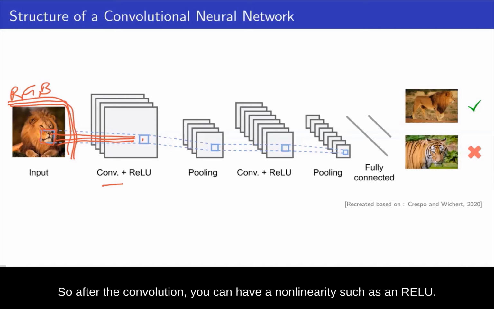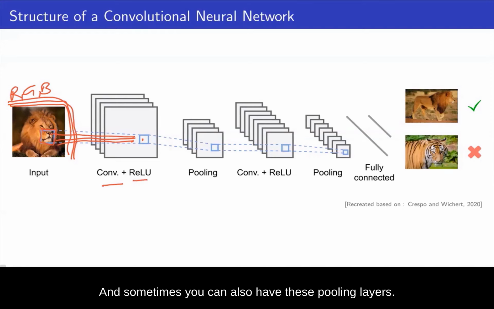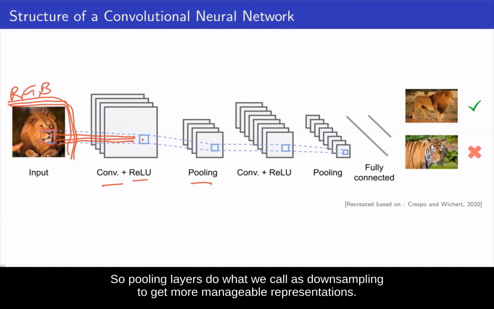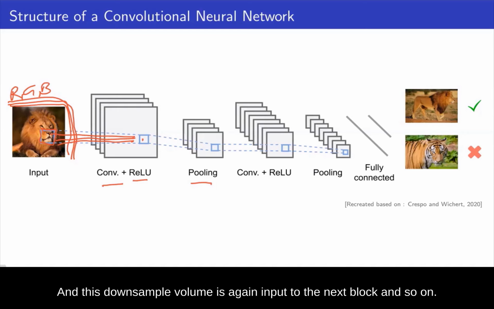So after the convolution, you can have a nonlinearity such as a ReLU, and sometimes you can also have these pooling layers. So pooling layers do what we call downsampling to get more manageable representations. And this downsampled volume is again input to the next block and so on.